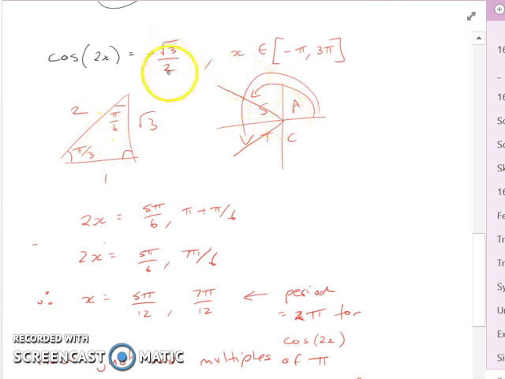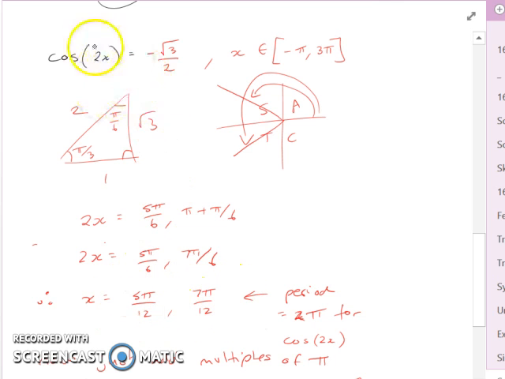But I'm after where cos is negative, so it's in this quadrant and this quadrant, so you have to go pi minus pi on 6 to give you 5 pi on 6, and pi plus pi on 6 to give you 7 pi on 6. And then I just divide everything by 2 to get x, that's what I'm trying to solve for.